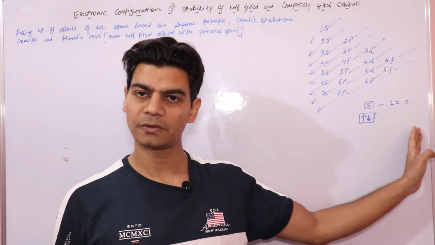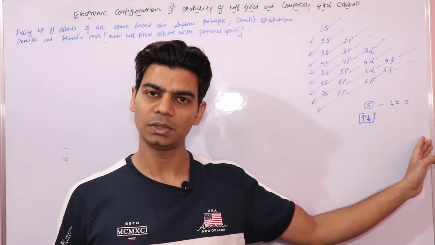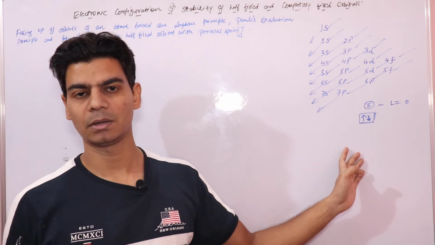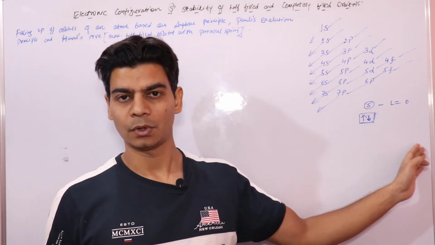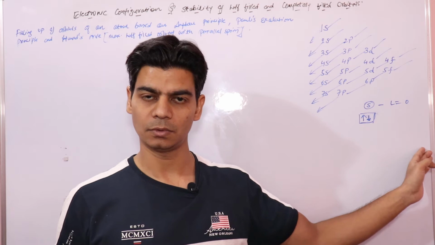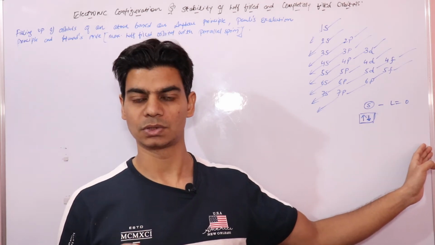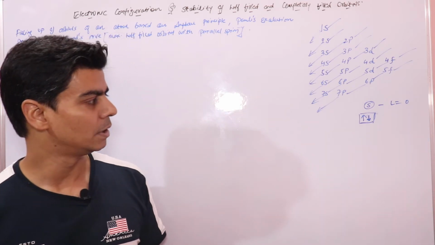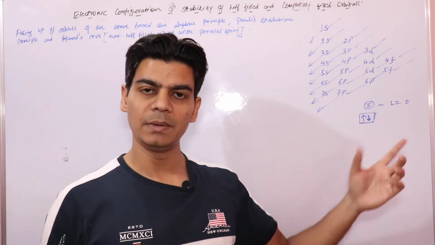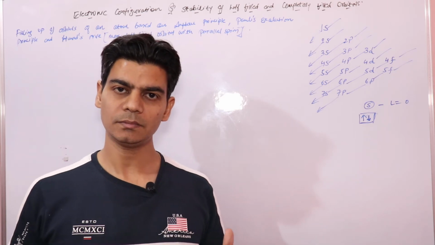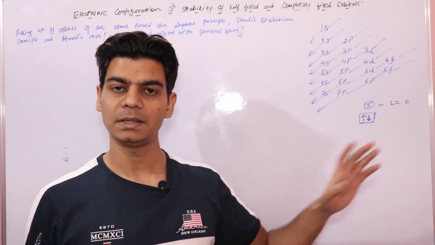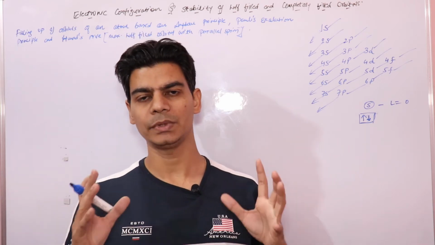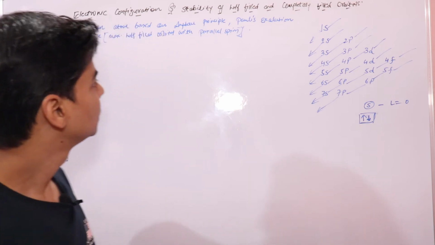Once all the orbitals are finished with 1 electron each, all the orbitals are half filled, then you start pairing up electrons. So we have minimum inter-electronic repulsion with half-filled orbitals, and the same is the reason for parallel spins.